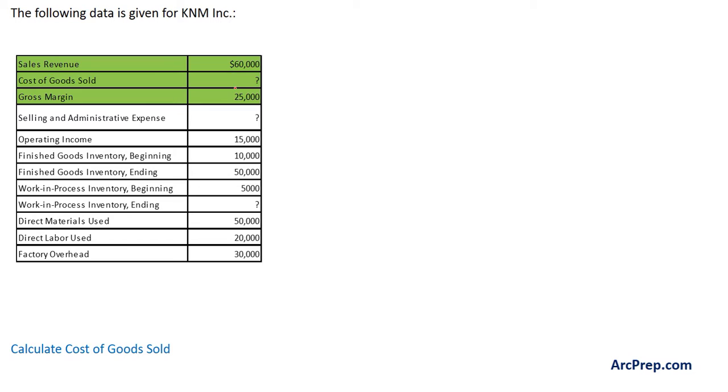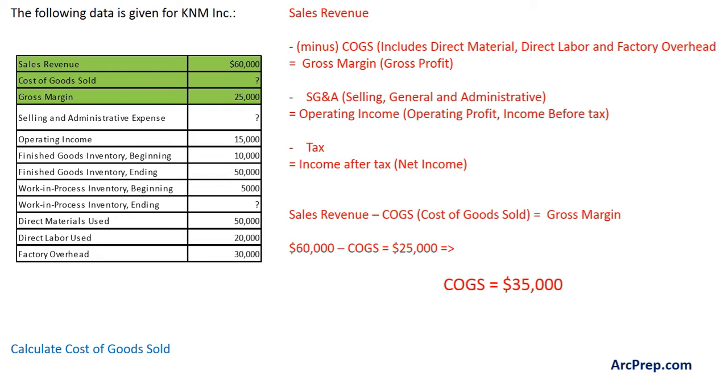In order to calculate cost of goods sold, we know the gross margin, and gross margin is equal to sales revenue minus cost of goods sold. That's the definition. So I know both gross margin and sales revenue, then I can calculate cost of goods sold. If you look at the entire income statement, it's sales revenue minus cost of goods sold is gross margin, minus sales general and administrative is going to give us operating income, minus tax is income after tax.